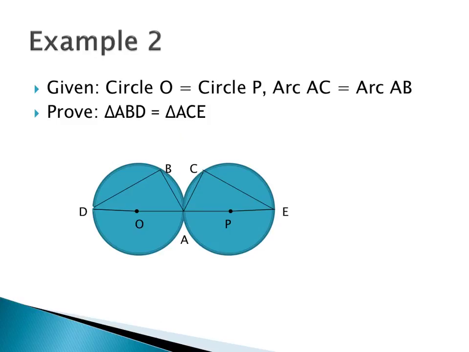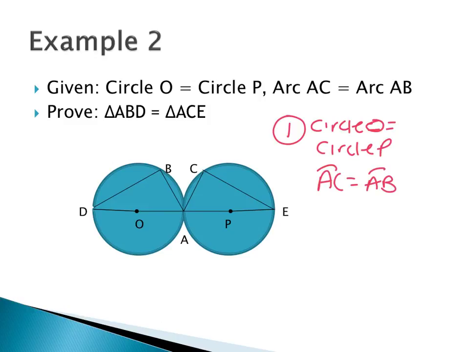Okay, so where do we start? Circle O equals circle P, and arc AC equals arc AB. Given. So why would they tell you that they're congruent? What does that tell you?